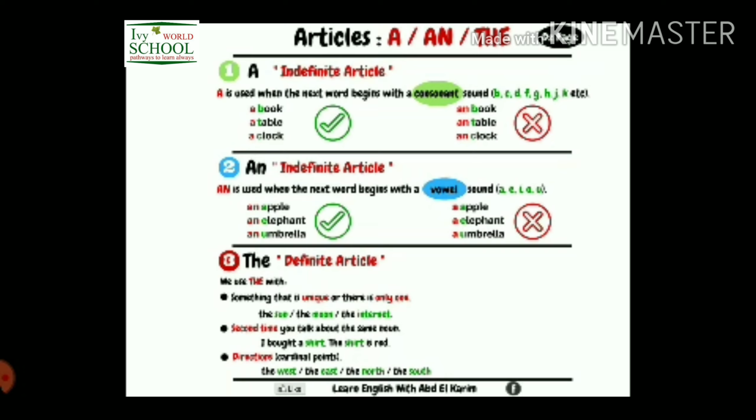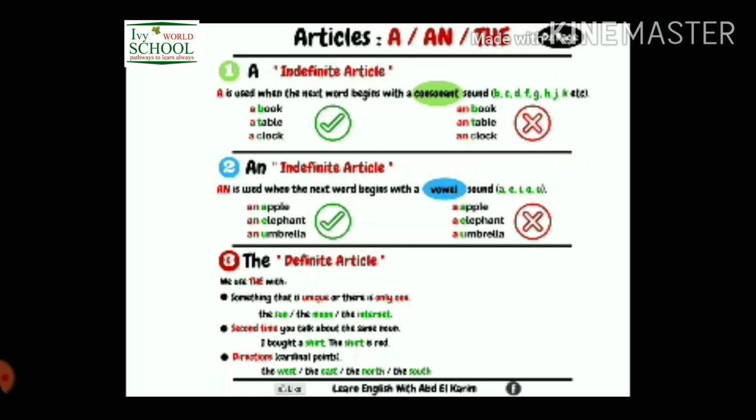So you have to be careful about the vowel sound, and in front of the words which have a vowel sound in the beginning, you have to place an. And for the word which begins with a consonant sound, you have to place a. You can have a look at the picture. It is written as a book, a table, a clock, an apple, an elephant, an umbrella.